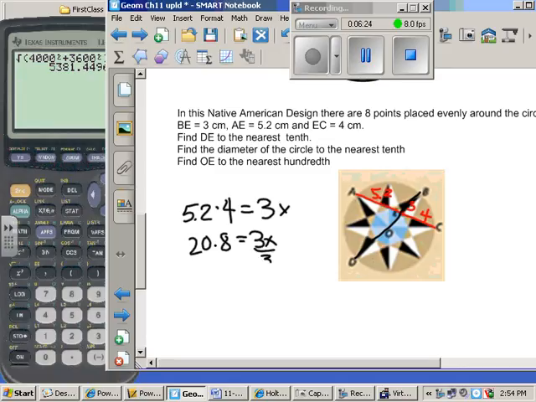Divide by 3, and that gives me 6.9 equals X. So DE is 6.9. The diameter of the circle would be 6.9 plus 3, or 9.9. See how DB goes through the center O of the circle? That's why I know it's going to be the diameter.